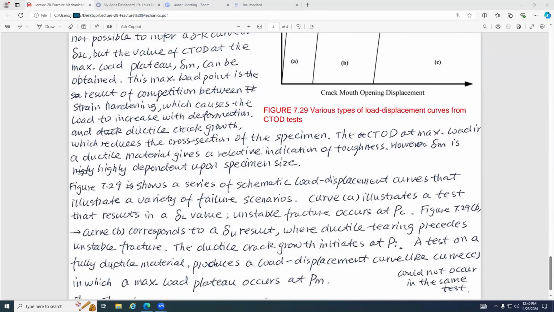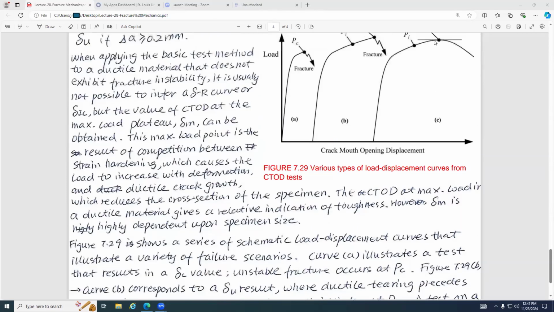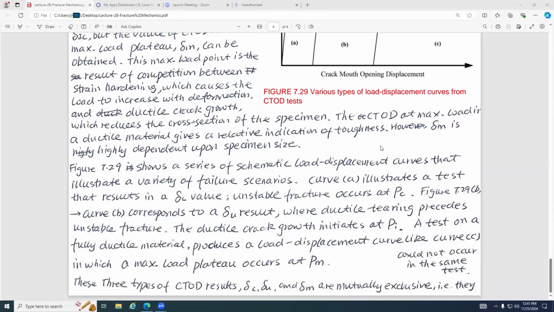A test on a fully ductile material produced a load displacement curve from C in which max load plateau occurs at the PI. It goes this way. Right? So you can see. These 3 types of CTOD results, delta C, delta U, and delta M, are mutually exclusive.